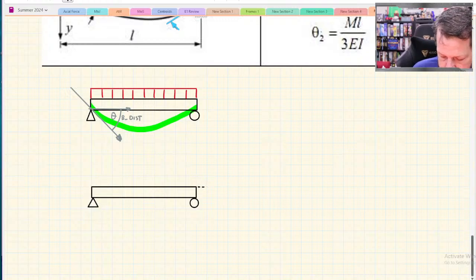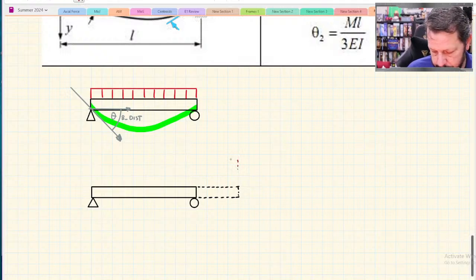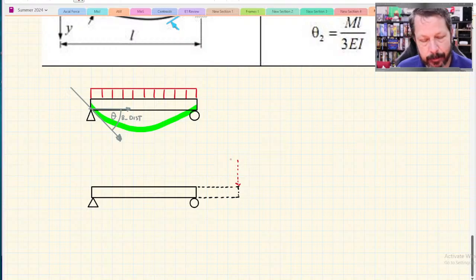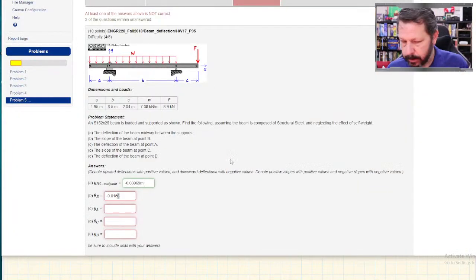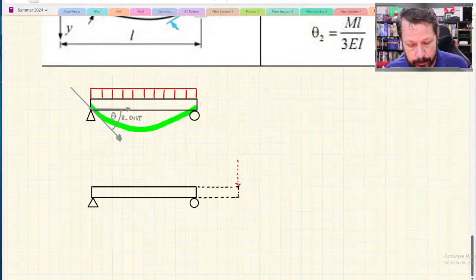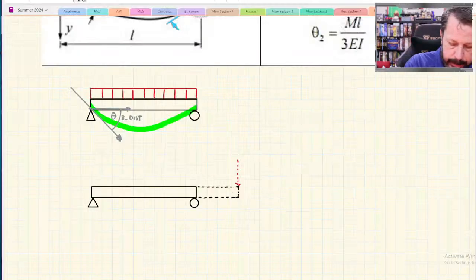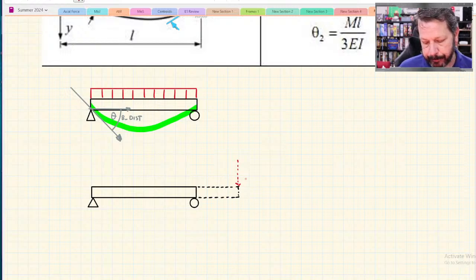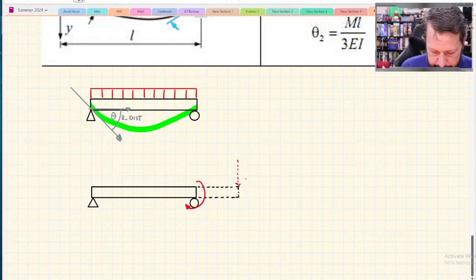Now we know that the beam is out here with a point load on it, but we don't have one of these charts that has that scenario in it. So what we do have is we converted that point load off at the end of the beam into this guy.